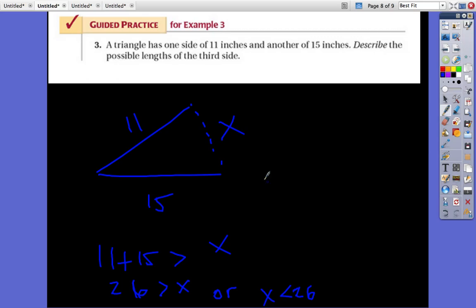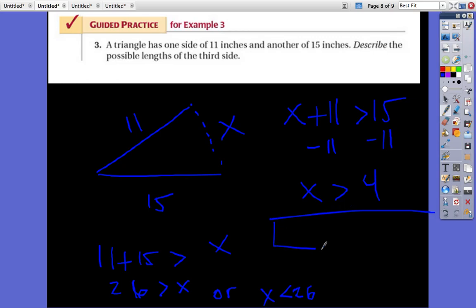But again, it has to work for any two sides. So we have to also try x plus 11. That has to be greater than 15. If we subtract 11 from both sides, we get x greater than 4. So in this case, x has to be greater than 4 but less than 26. If we try this possibility, x plus 15 has to be greater than 11.